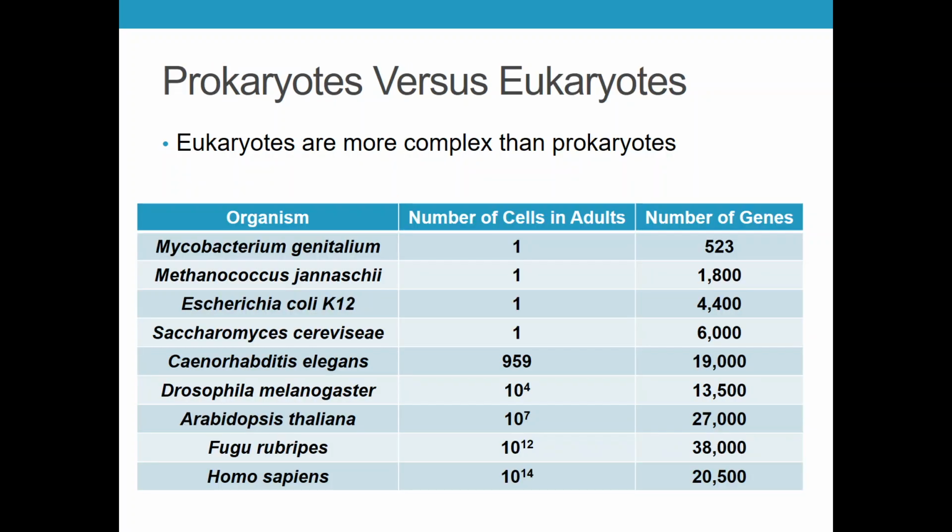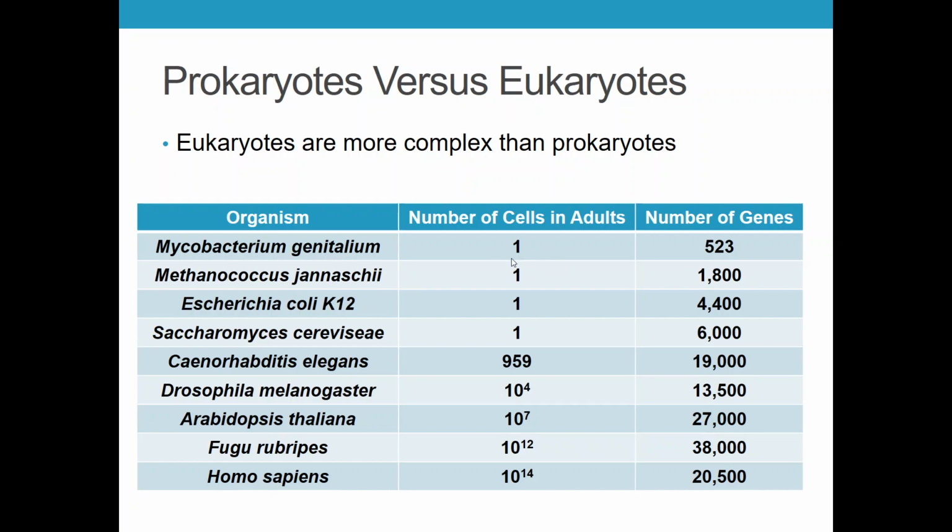Viewing this a different way, we can look at the complexity of eukaryotes versus prokaryotes from a genome-based perspective. So you'll find that most single-celled organisms have far fewer genes than multicellular organisms.